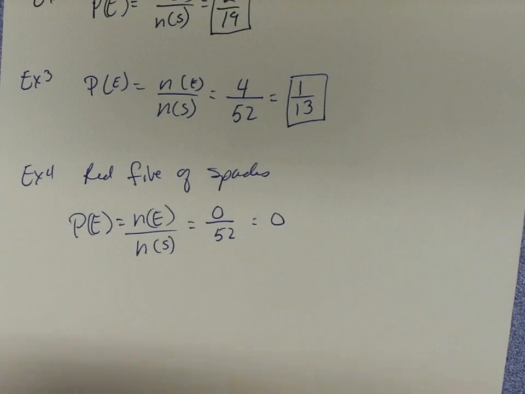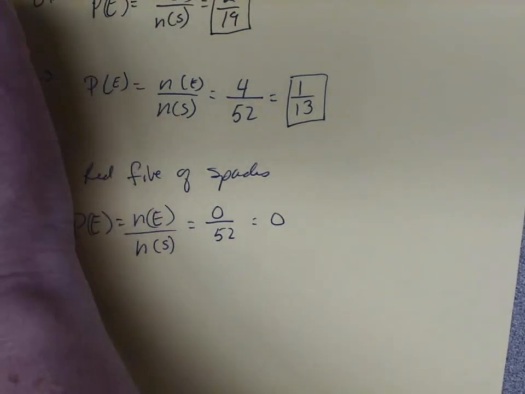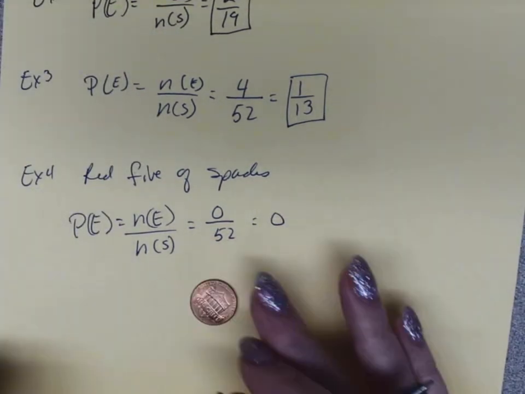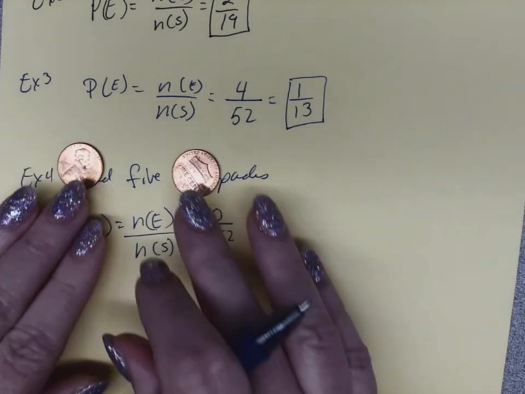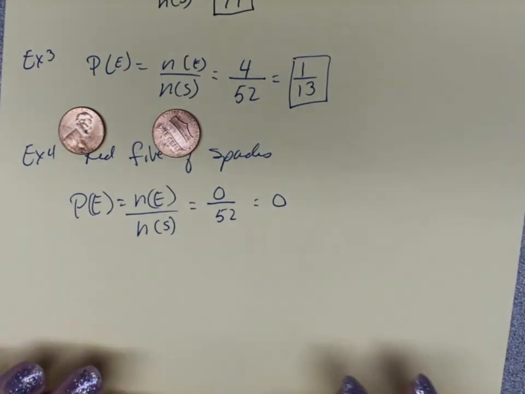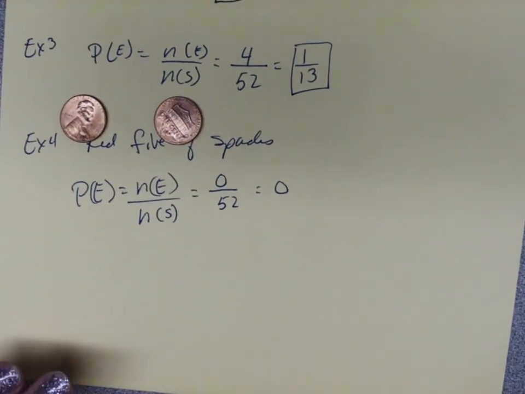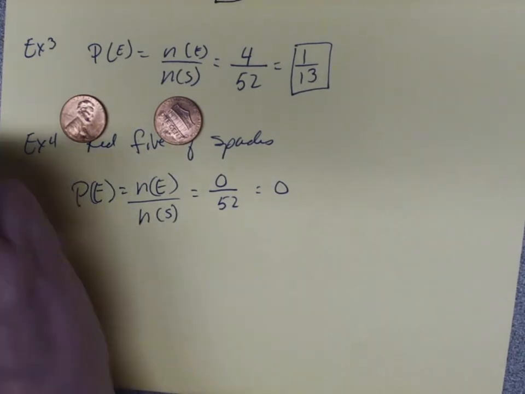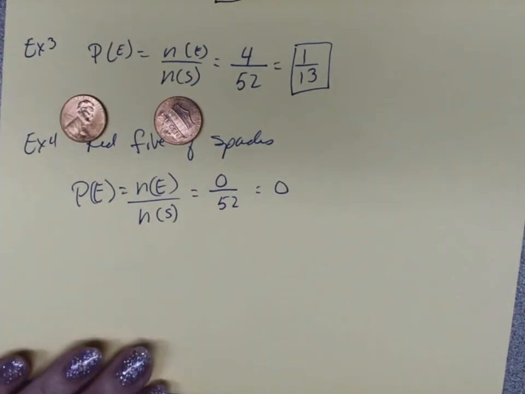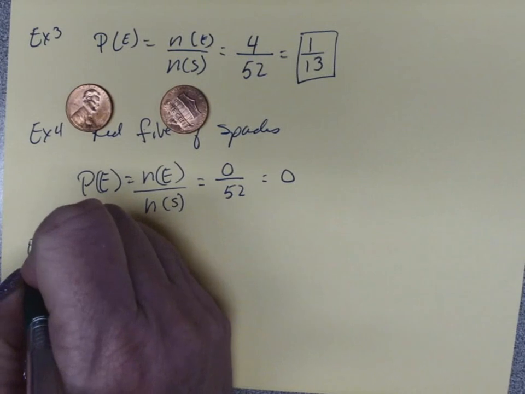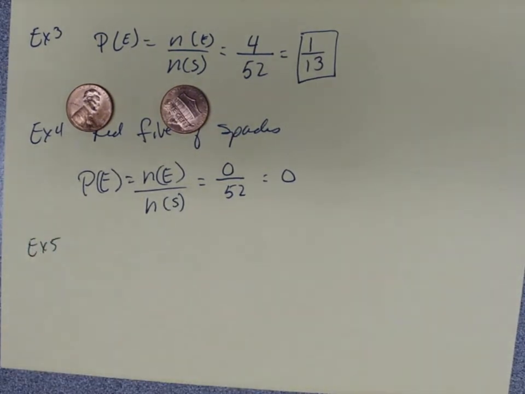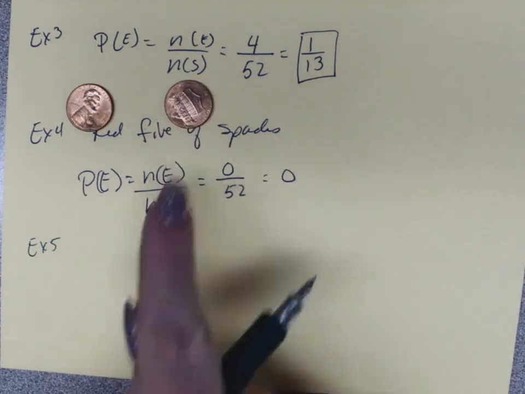So there's 2 possible outcomes for each child, just like there was for flipping a coin. So the total possible outcomes, this would be example 5. On a deck of cards, we knew there's 52. On a dice, we know there's 6.